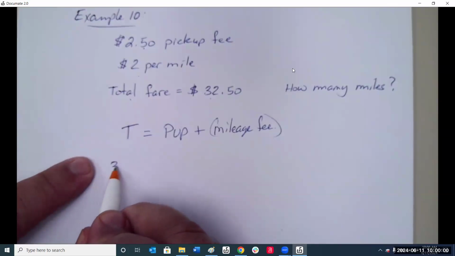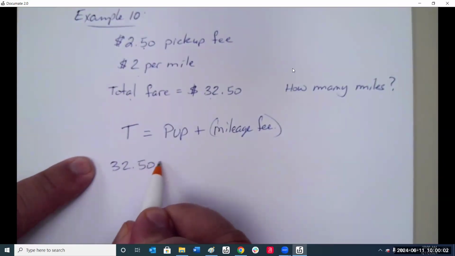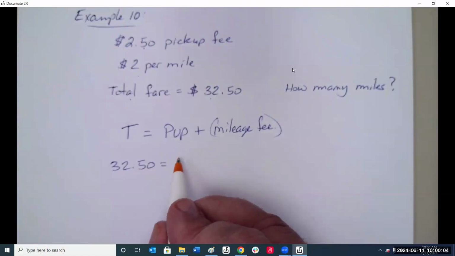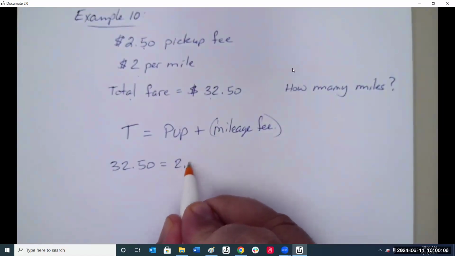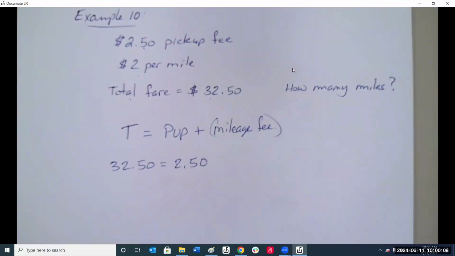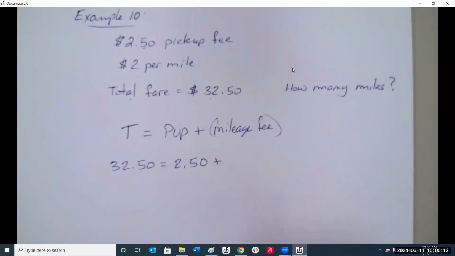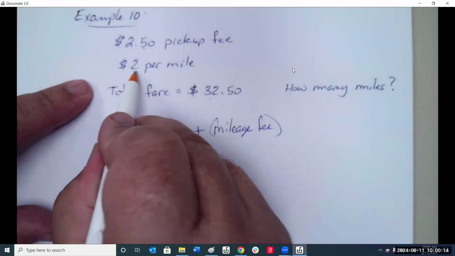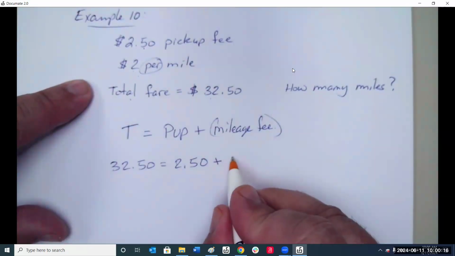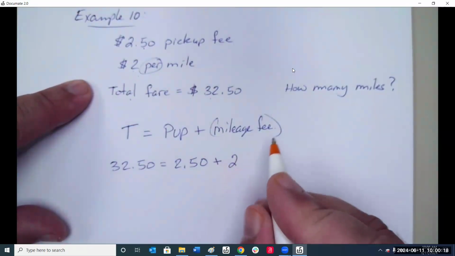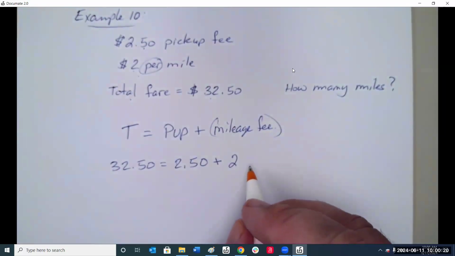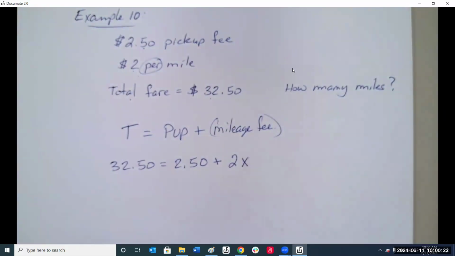The total amount was $32.50. Just to pick them up, it cost them $2.50. Now, above and beyond that, he had to pay $2 per mile. How many miles? Do we know how many miles? So it's x. That's our equation.